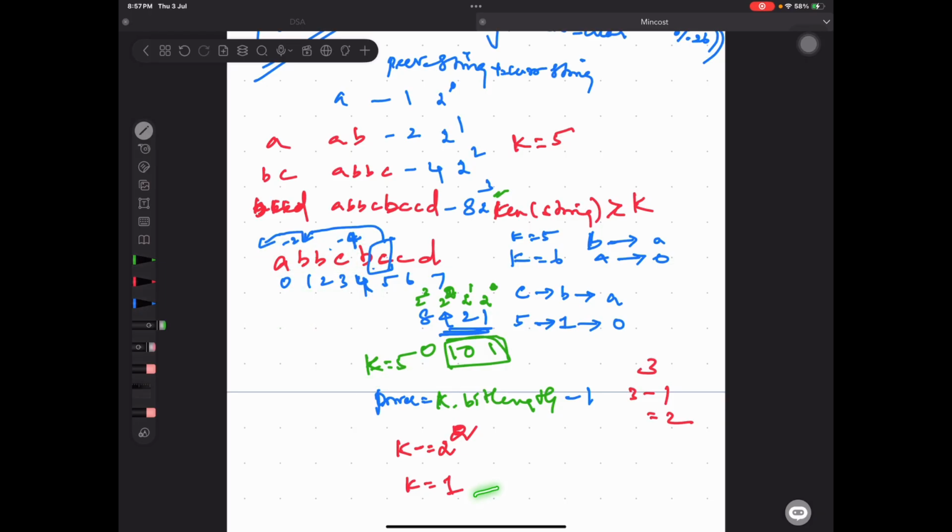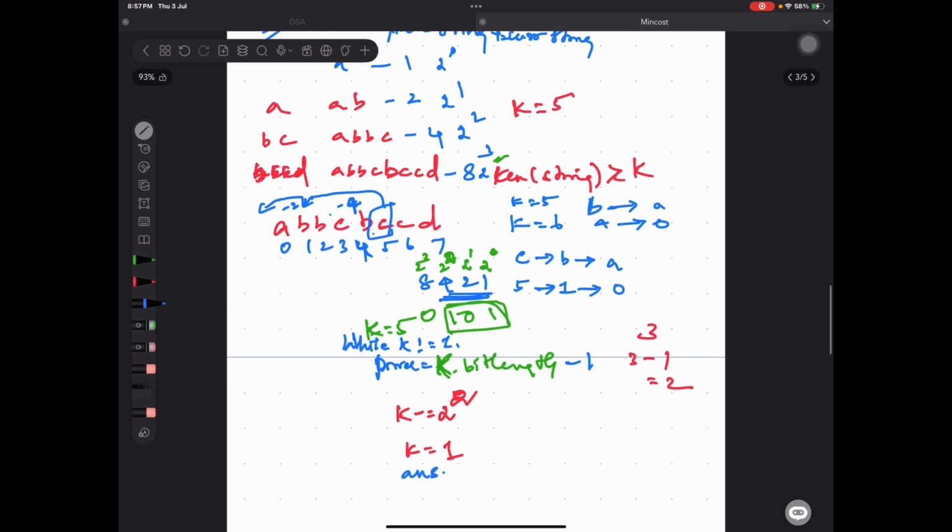So that's it. So until k not equals to 1, this will keep on running. We will keep on finding out the bit length, and we will be checking out the power, previous power, and we will be minusing 1 while k not equals to 1. So in that we will keep on adding how many transitions happen.